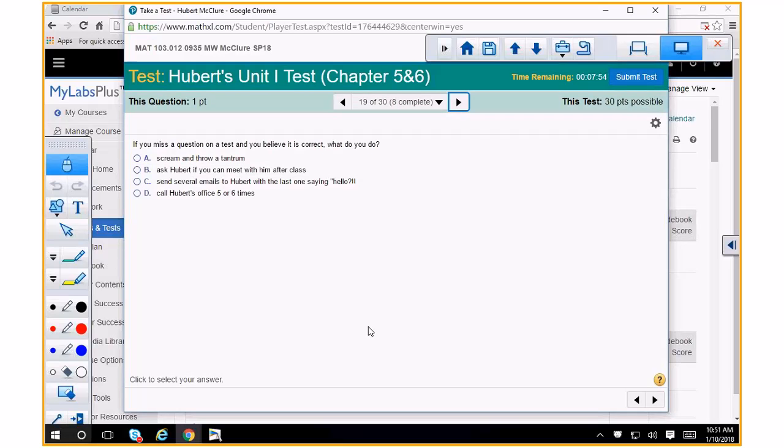If you miss a question on a test and you believe it to be correct, in other words, you're challenging the test question, when would this be feasible? You put 0.48, the answer is 0.5, but the directions do not say anything about rounding. That would be a challenge question. If the directions say write as a fraction and you put 0.5, you didn't follow directions.